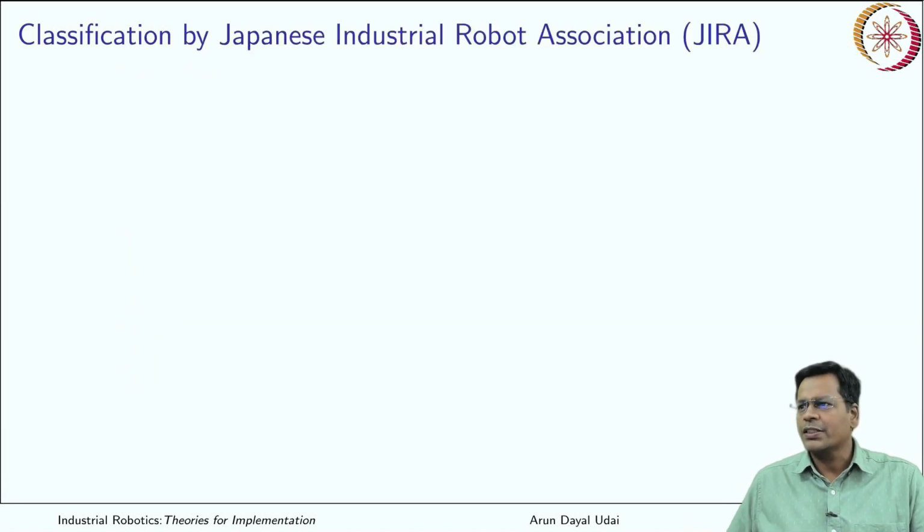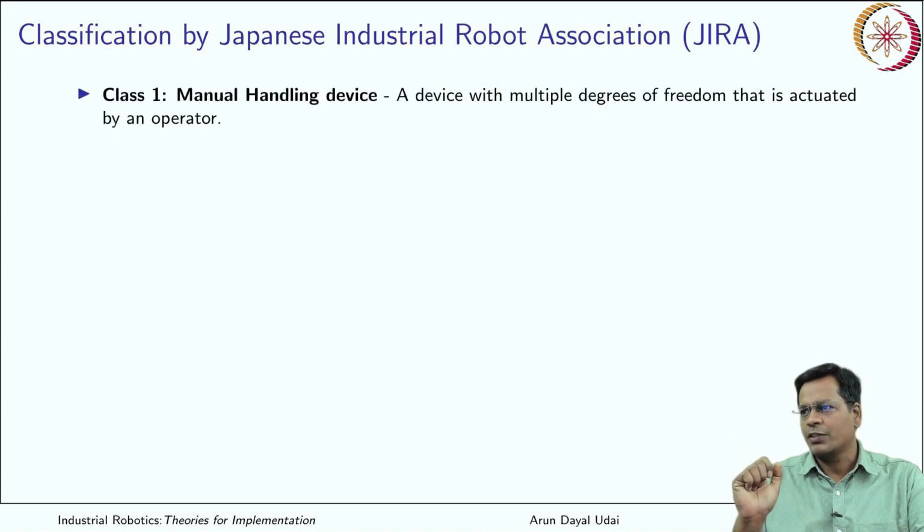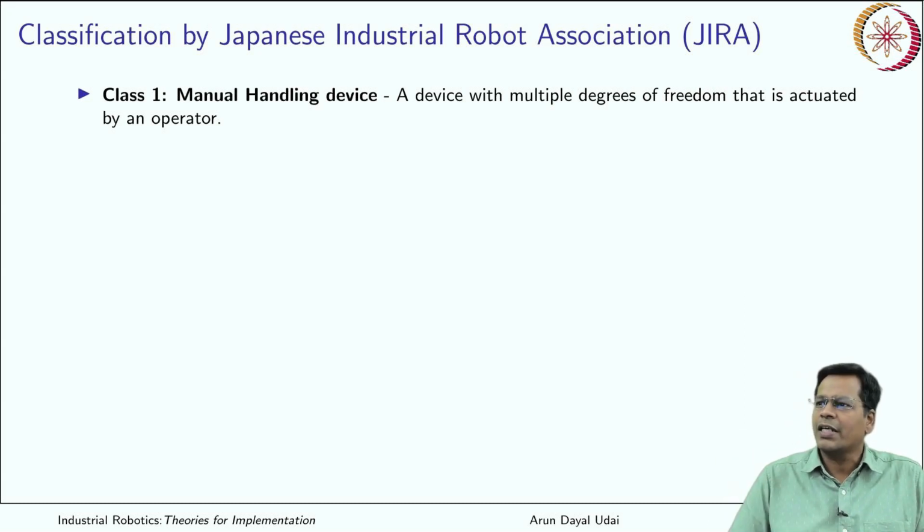Okay, so classification by the Japanese Industrial Robot Association, JIRA, has a special way of classifying industrial robots. That is one of the pioneers in giving definitions for classifying industrial robots. It has divided them into 6 different classes.